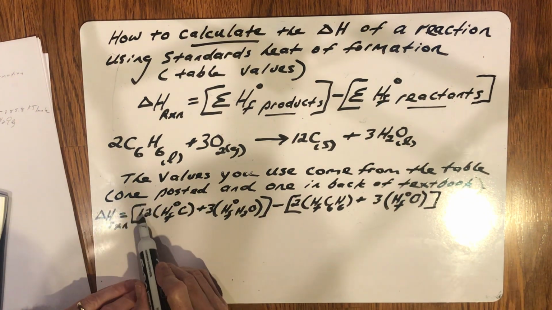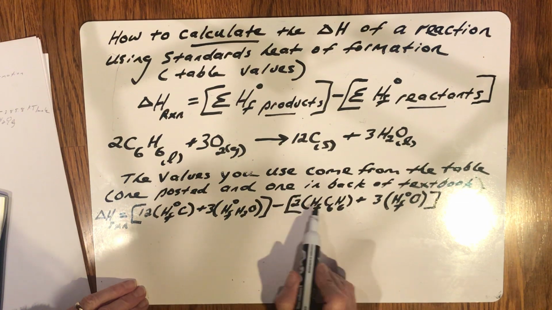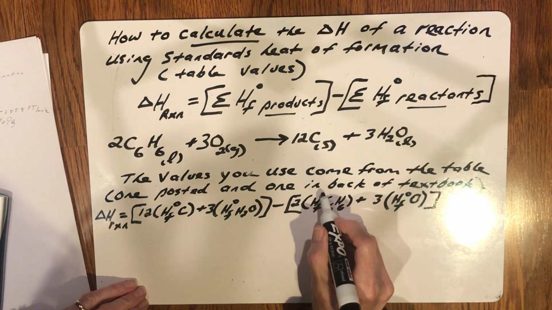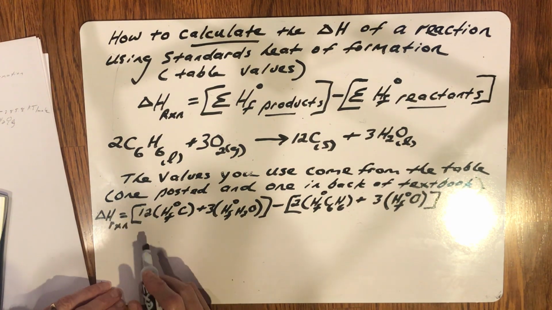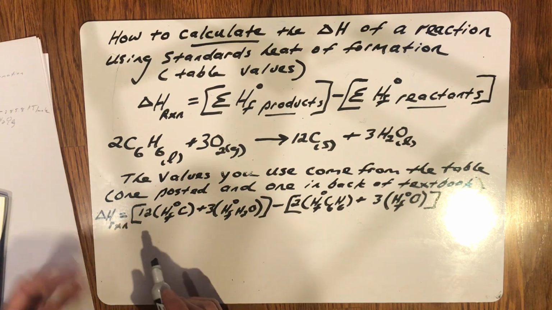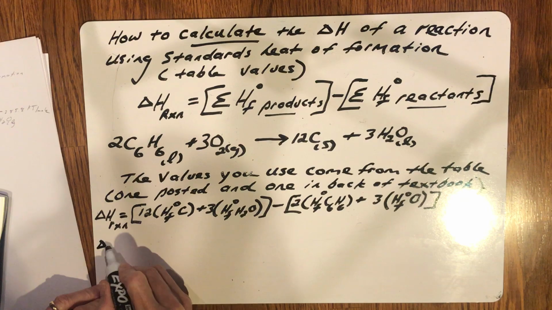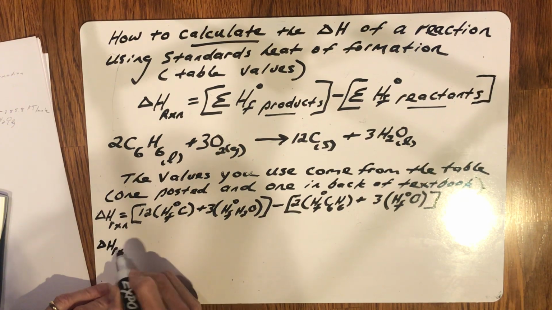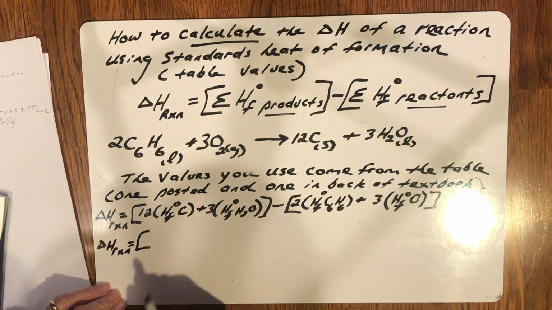Okay, so then you can see here that I multiplied each of the values by the coefficient from the balanced equation. So once again, the coefficients are very important. So now I would just look up these values. They're either in the table or in the chart that I posted. And when you start looking up your values, the first thing you're going to find is that there is no value for carbon.